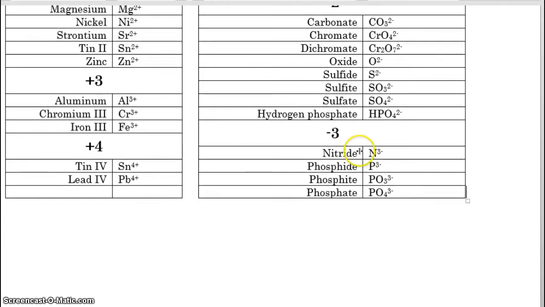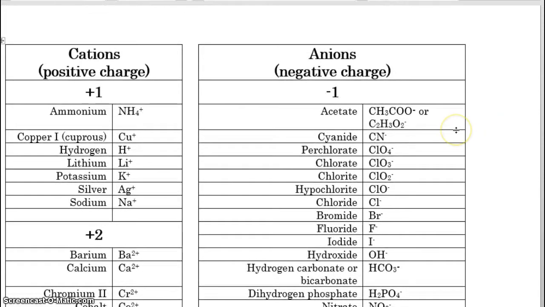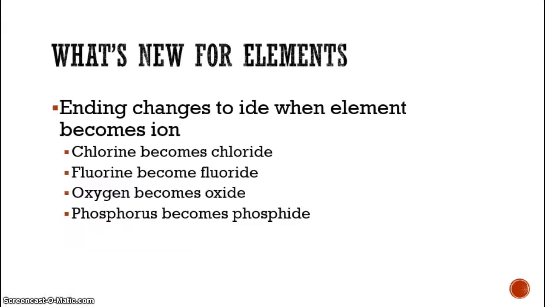And let's go down here. Nitrogen has become nitride, and phosphorus has become phosphide. So the elements that we knew from the periodic table, when they become negative ions, which are called anions, change the ending to IDE. So that's not too hard to do, just change the ending of those, and you already have those memorized.